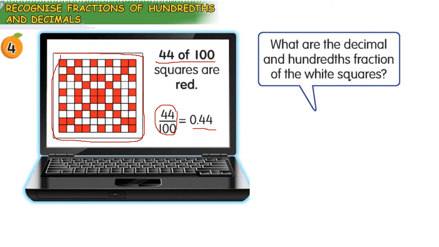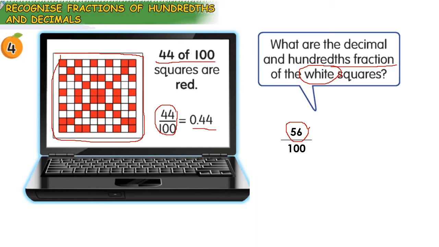What are the decimal and hundredths fraction of the white squares? Out of 100, 44 are red, meaning 100 minus 44 is 56. So the white squares are 56 over 100, or 56 hundredths.